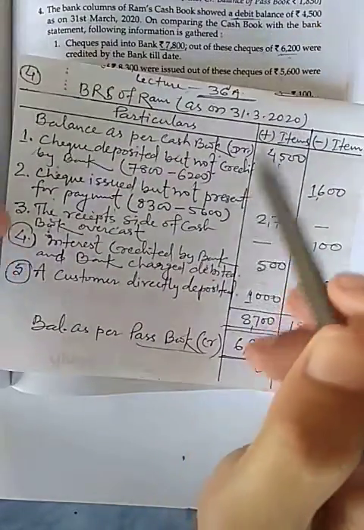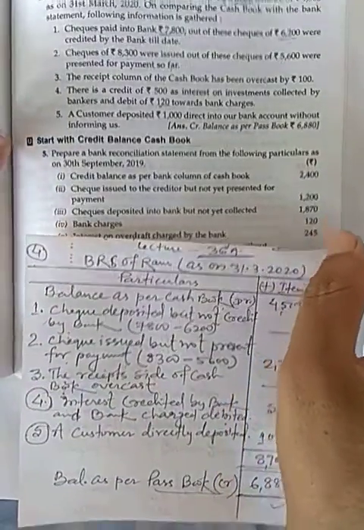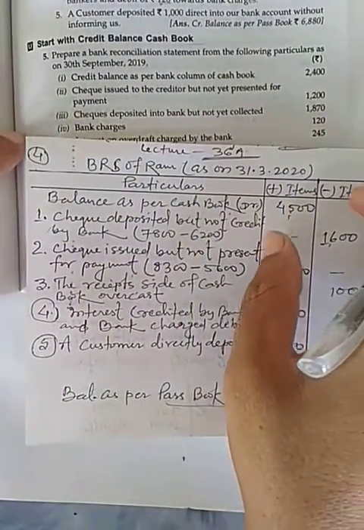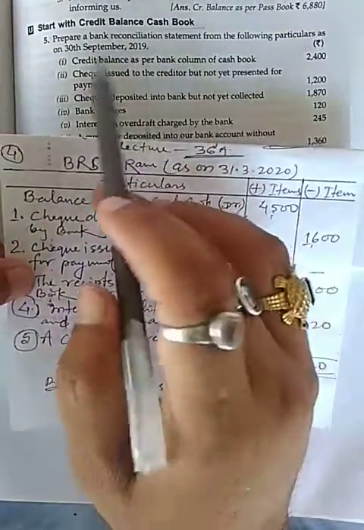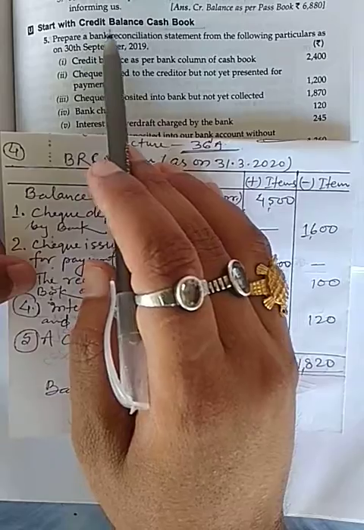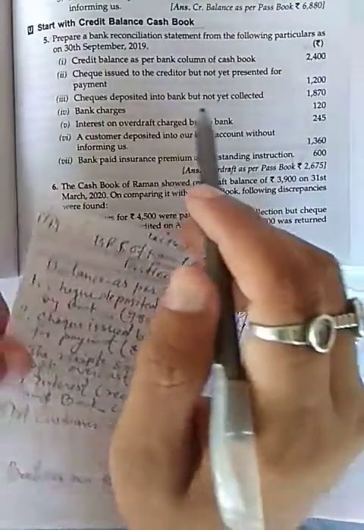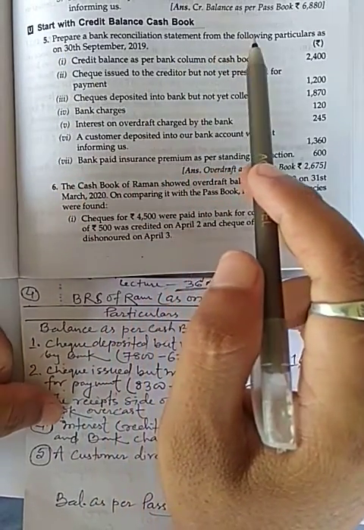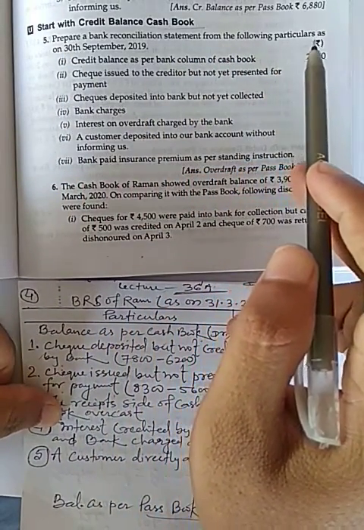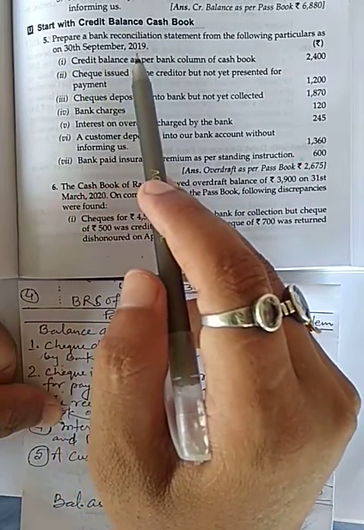Now let us see second question. And second question is starting with a credit balance of cash book. So let us see. Question is saying prepare a bank reconciliation statement from the following particulars as on 30th September 2019.